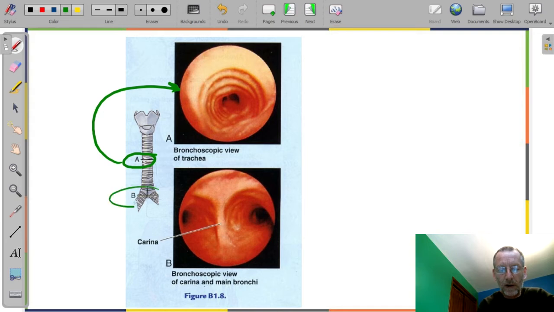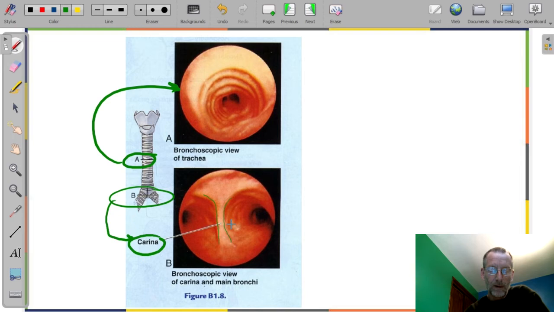Then as we get a little bit lower, you can see the carina. The carina is this sort of ridge that sticks up. It literally comes from the name of a boat keel, the spine of a boat sitting in the water. At any rate, it pokes up like a little ridge.